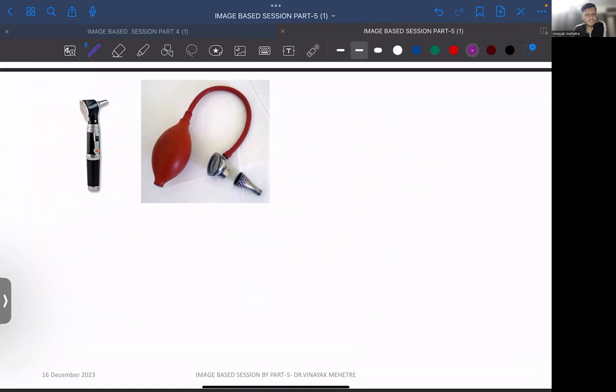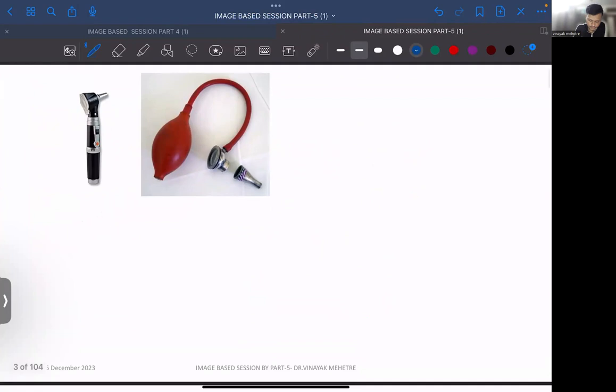Then we have instruments to examine the ear. First one is the otoscope. This otoscope is used by ENT people to look in the ear, and also used by ophthalmology people to examine the eye.